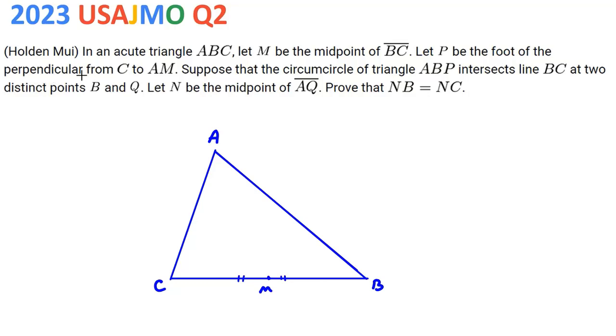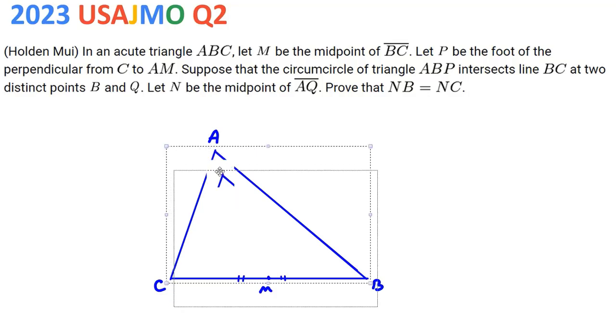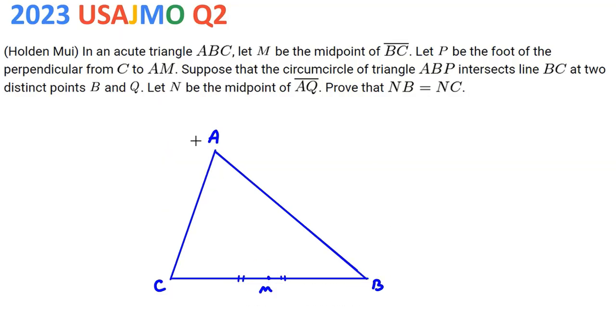Let P be the foot of the perpendicular from C to AM. So let's draw AM, and let's draw a perpendicular through A. Okay, and then the perpendicular from C to AM.